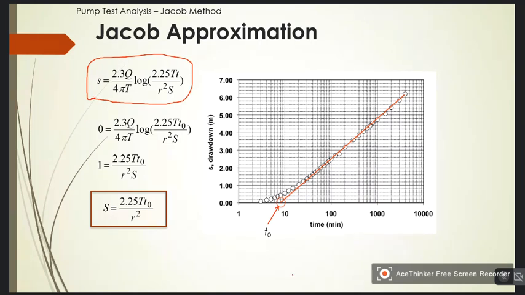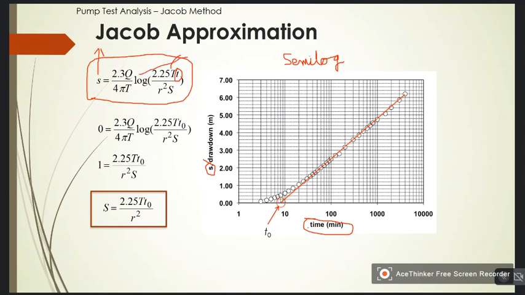So now you draw the graph directly between S and T. Ordinarily, this is a semi-log graph, because S is normal and T is your logarithm.